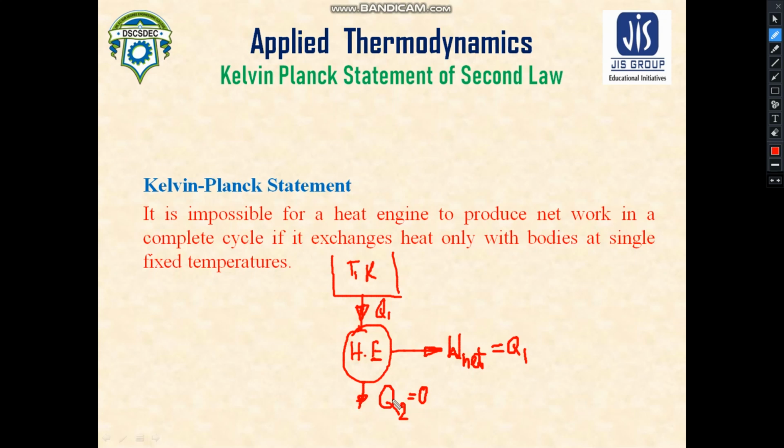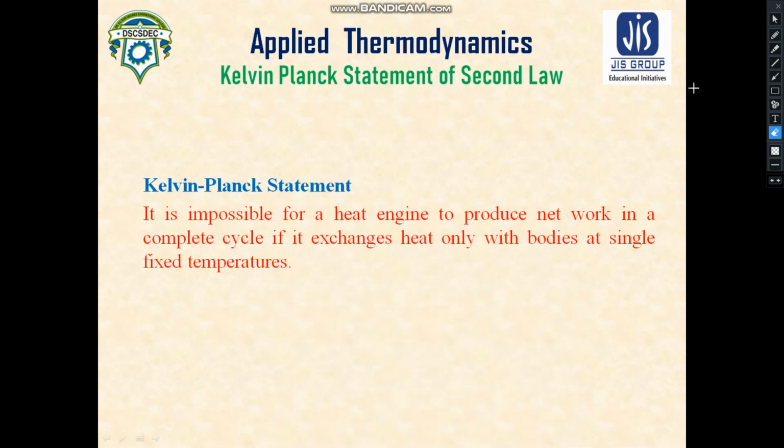Because there has to be some amount of heat rejection always, and to reject this heat there should be another body present with a different temperature. That means a sink should always be present. So whenever there is no sink present, the engine can't produce continuous work output. Okay, so this is a very important statement of the second law.